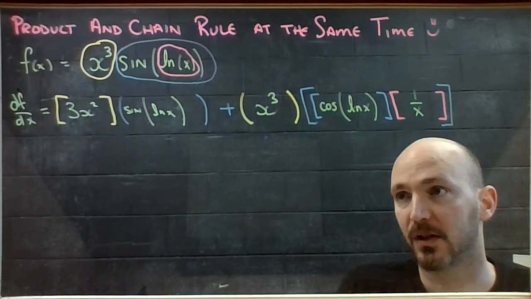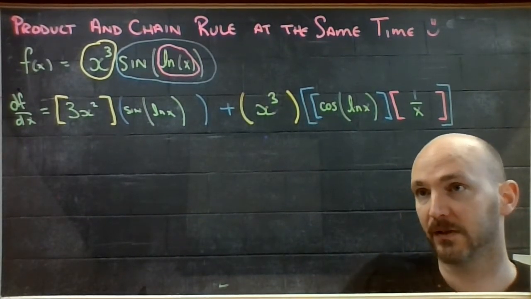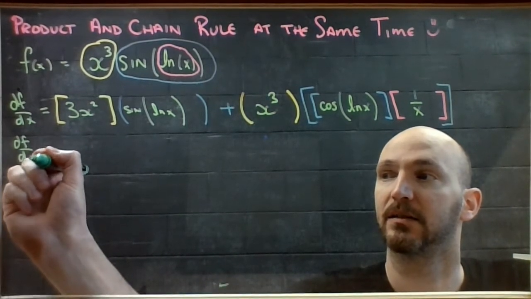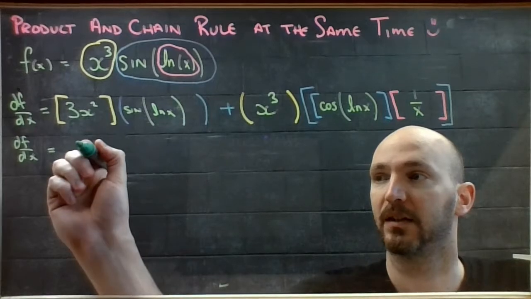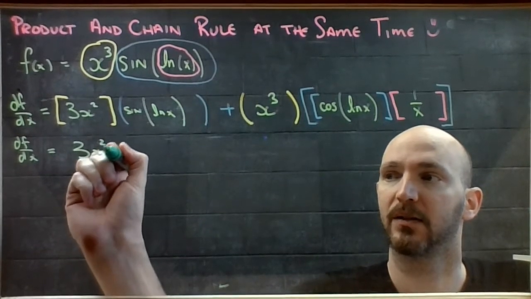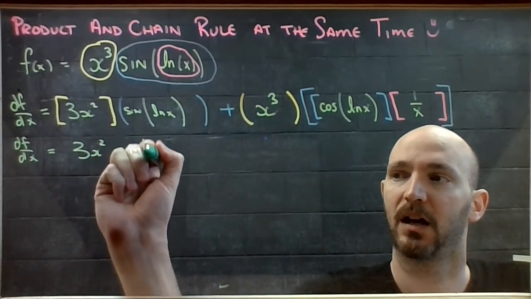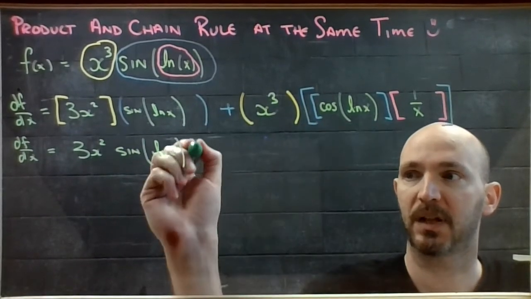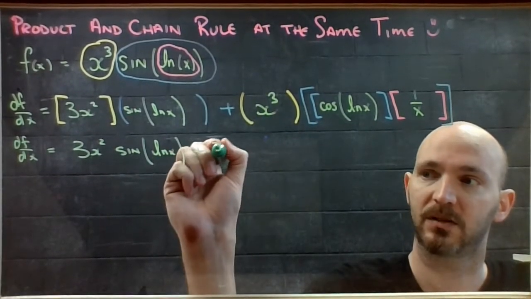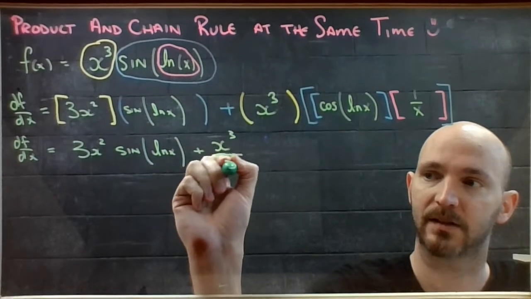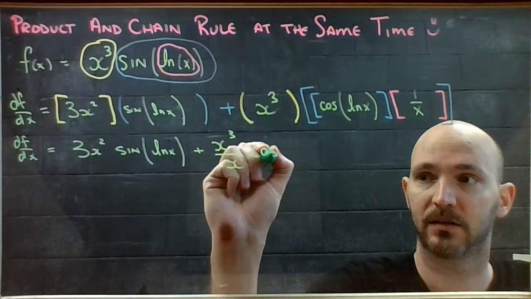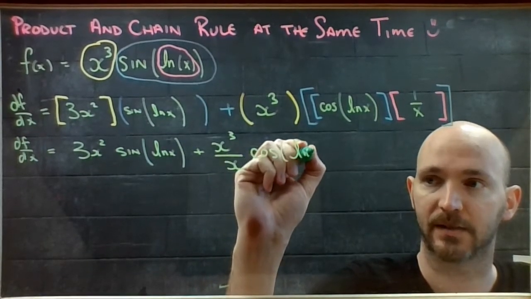All right, so I have some gathering to do here. So df by dx, this thing will be 3x squared sine of ln x plus an x cubed over an x, right? That's this thing. Cosine of ln x.